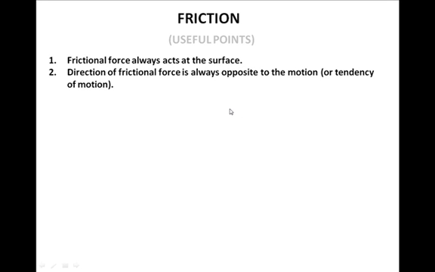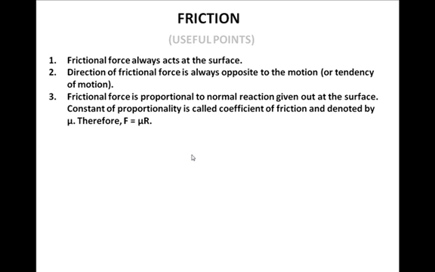When I try to move one surface against the other, whether I move it or not, friction gets created, and the direction of frictional force is always opposing what I want to do. If I want to move to the right, frictional force will be directed towards the left. If I want to move to the left, frictional force will be directed towards the right.